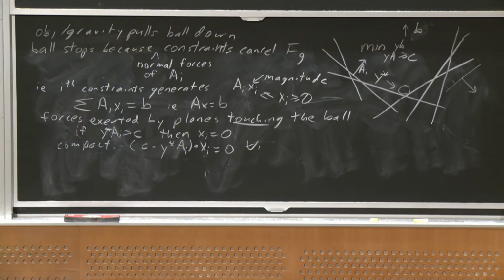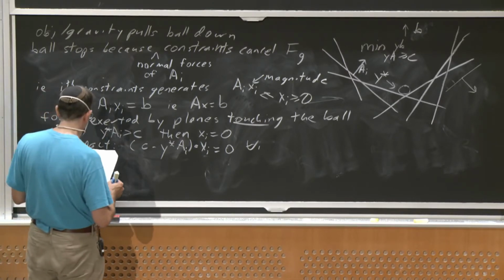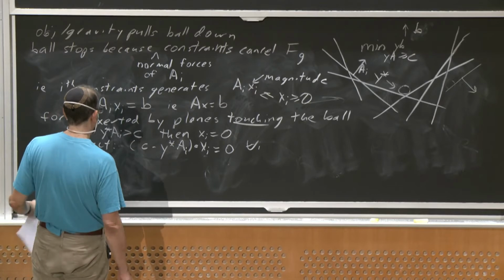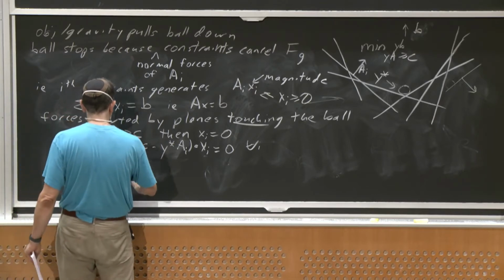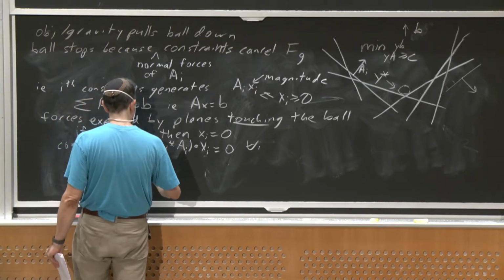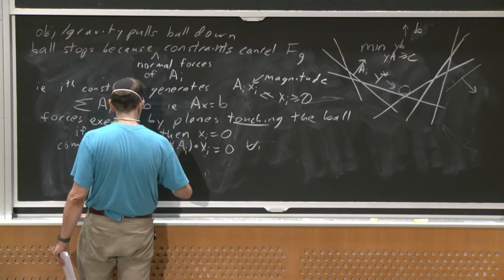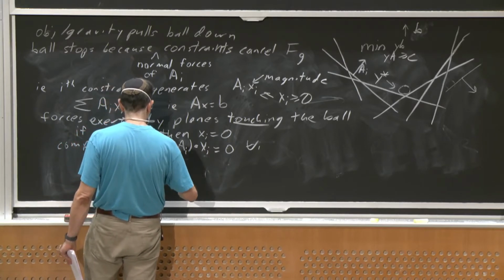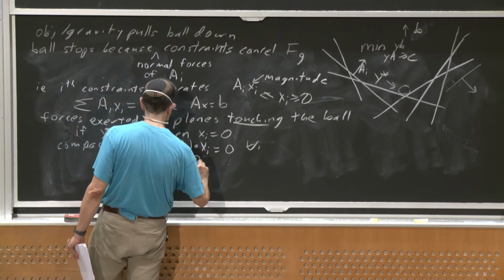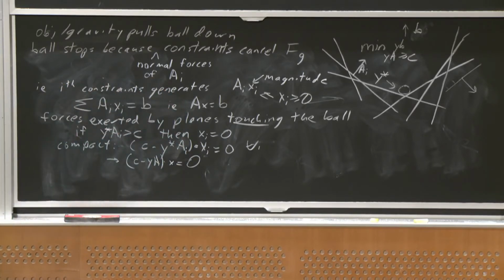So if I sum this over all of the different i, this tells me that (c minus y A) times x is equal to 0.